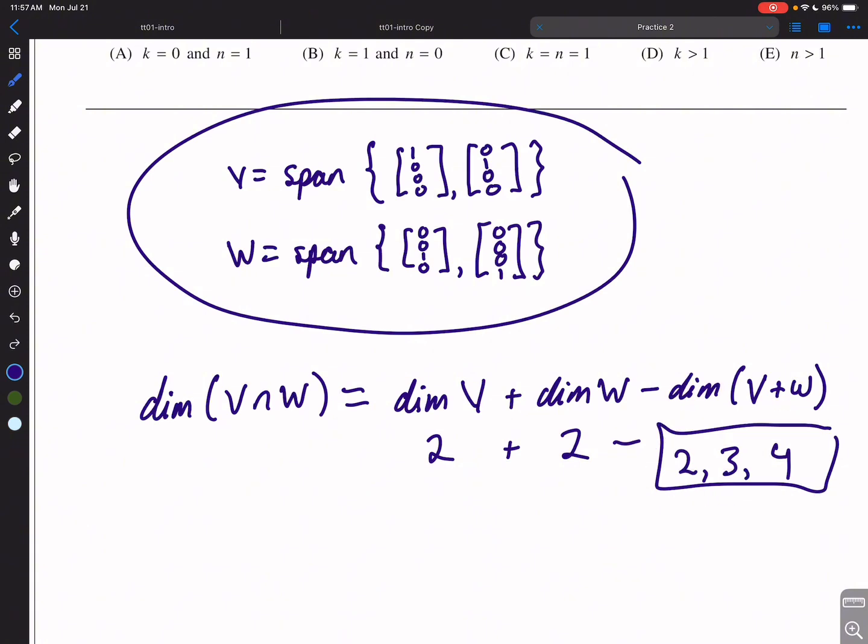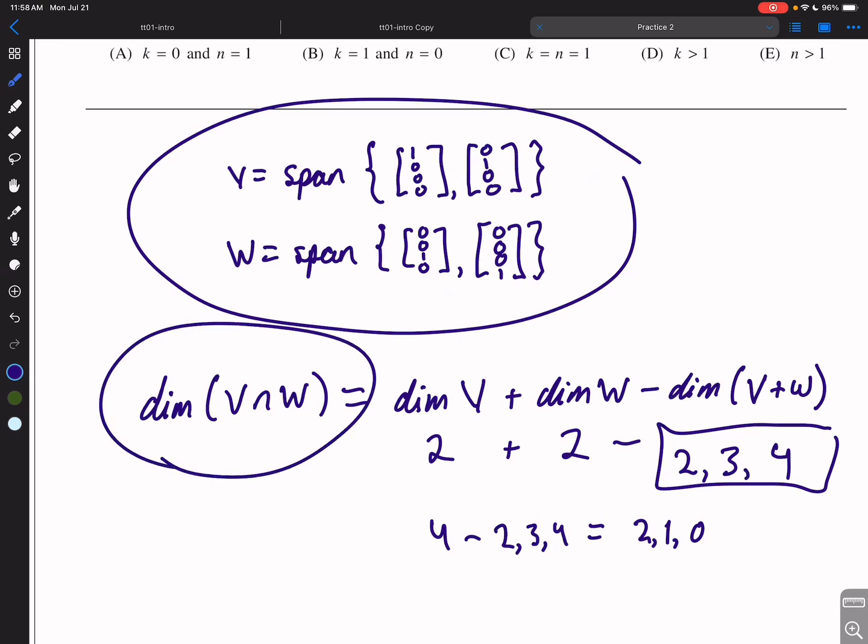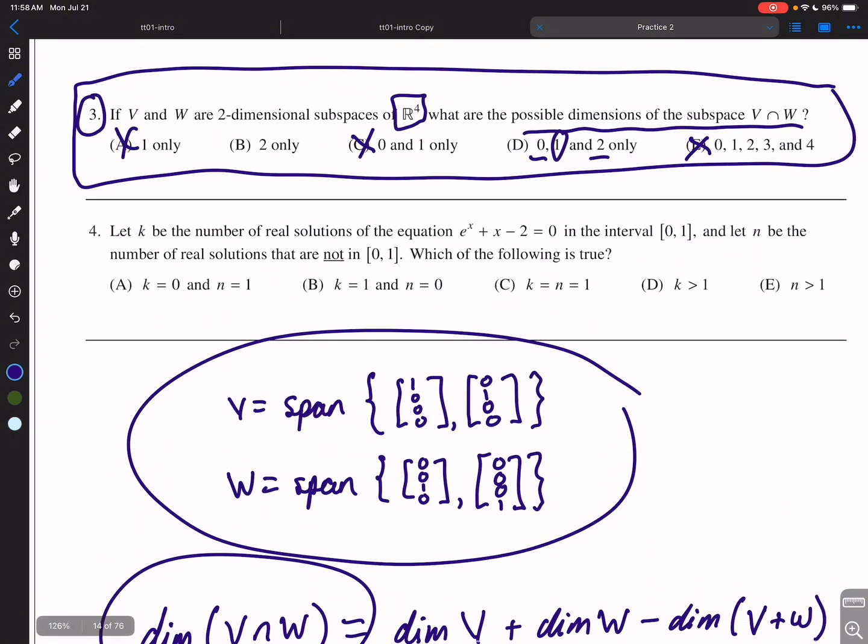And you can check that what we're essentially saying is that you could have 4 minus 2, or 3, or 4, and this is the same thing as you could have 2 or 1 or 0 dimensions for the intersection. So hopefully that gives a bunch of useful information that you can use to help you quickly and reliably solve a problem like that.